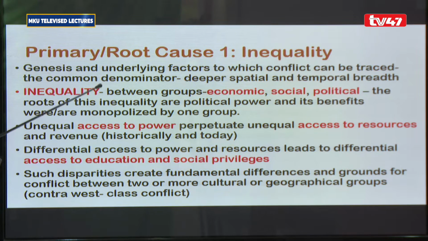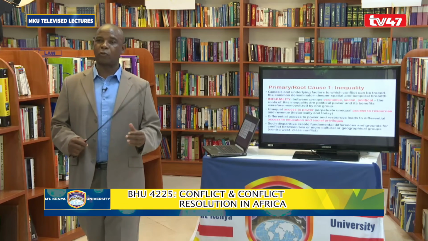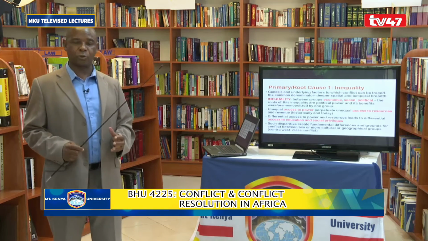Inequality arises between groups, and as I've said, the inequality is linked to economic, social, and political factors. This inequality enables certain groups of people to have access to political power, and these groups that have access to political power are able to monopolize that power.